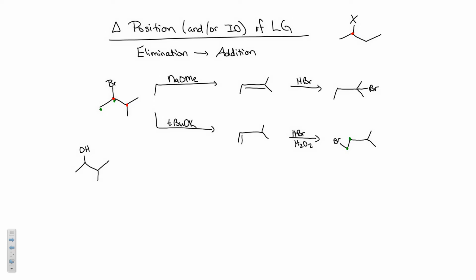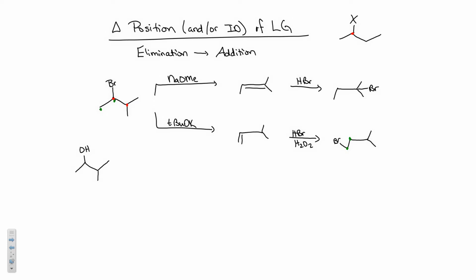What do I treat this with? So think about the mechanism. You have a leaving group, right? And a proton transfer. Is this a good leaving group? No. When you want to do an elimination and you start with an alcohol, you always have to convert that to a good leaving group first.